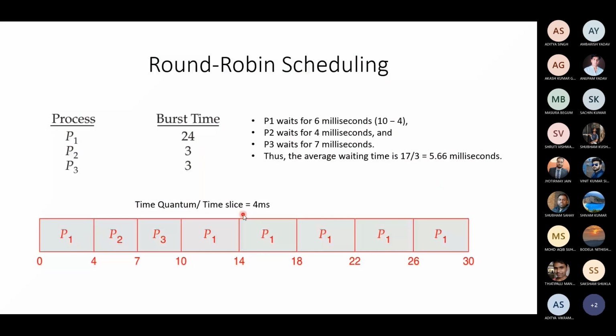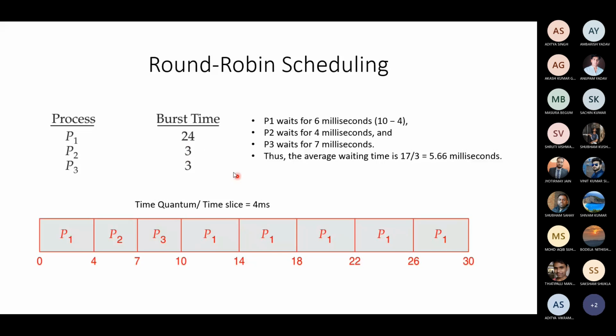So what happens? The scheduler will schedule 4 milliseconds on process P1, 0 to 4 seconds on process P1. Next 4 seconds, it will schedule on P2, but P2 needs only 3 seconds. After 3 seconds, the processor will be relieved.